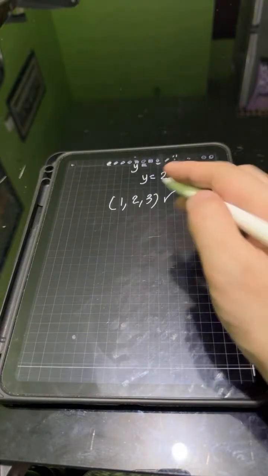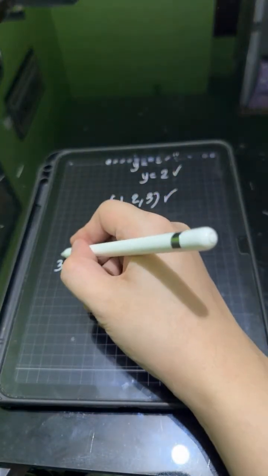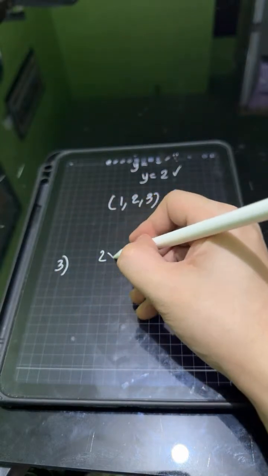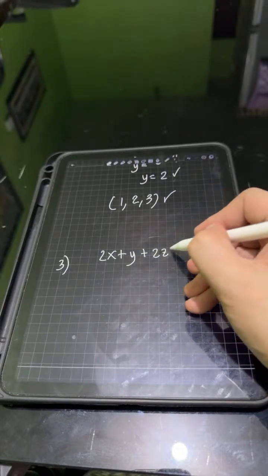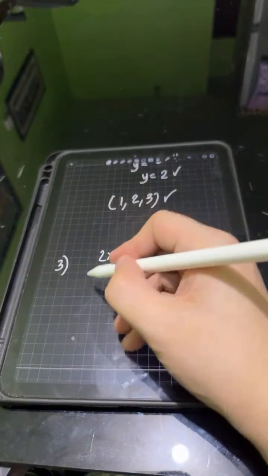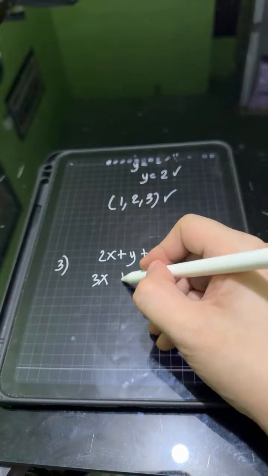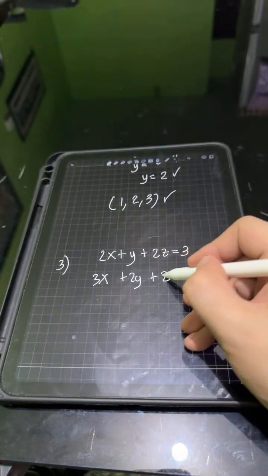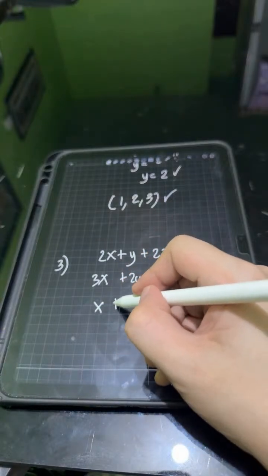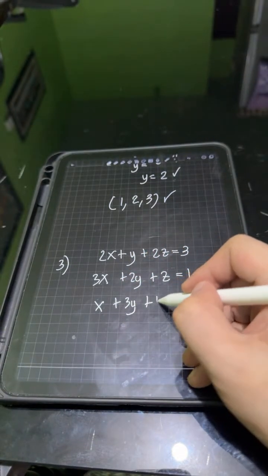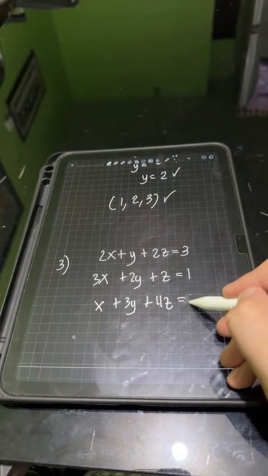Okay, next, number 3. 2x plus y plus 2z equals 3. 3x plus 2y plus z equals 1. And x plus 3y plus 4z equals 10.